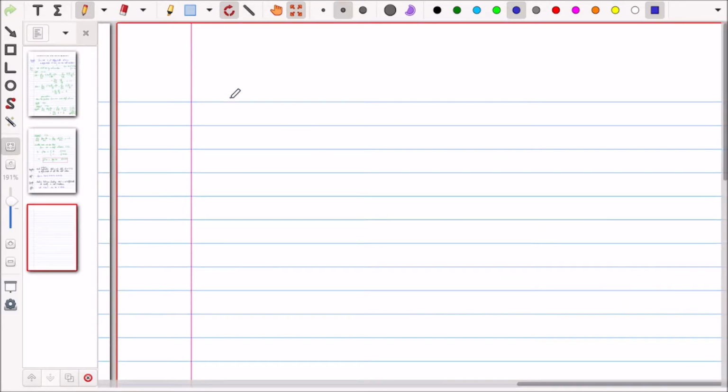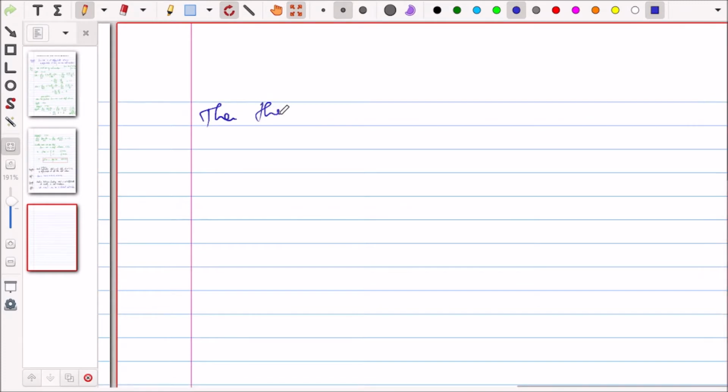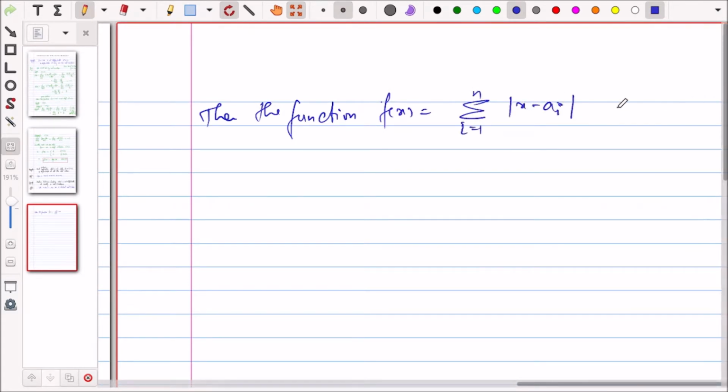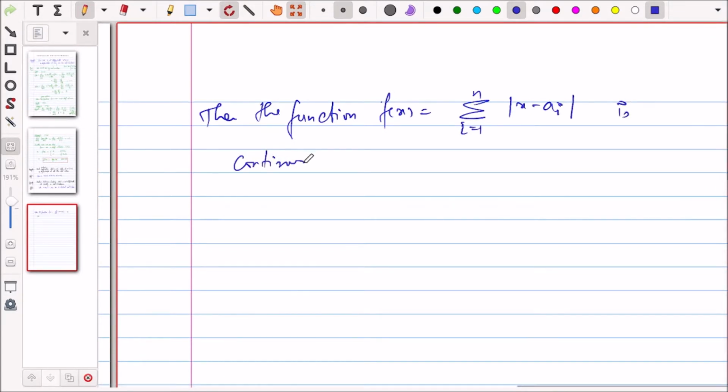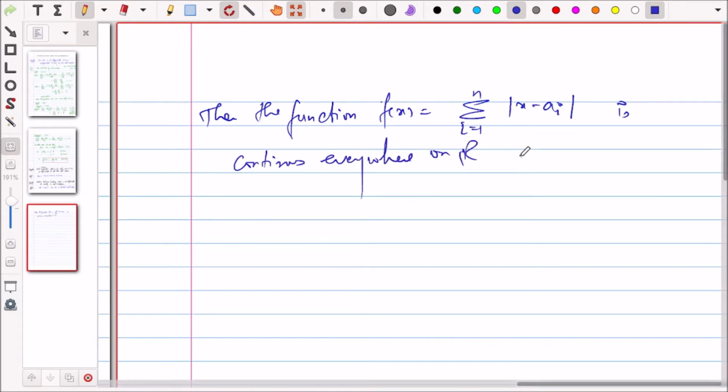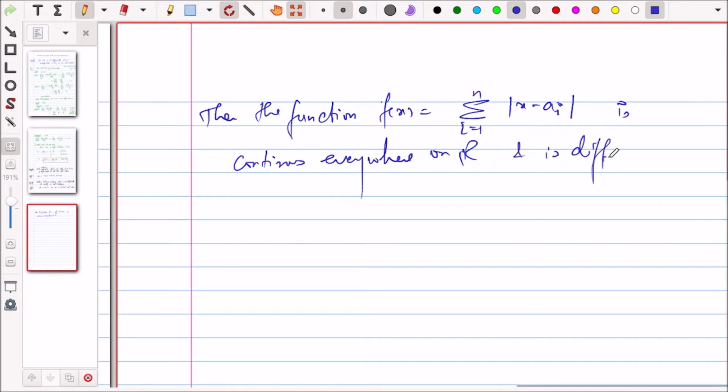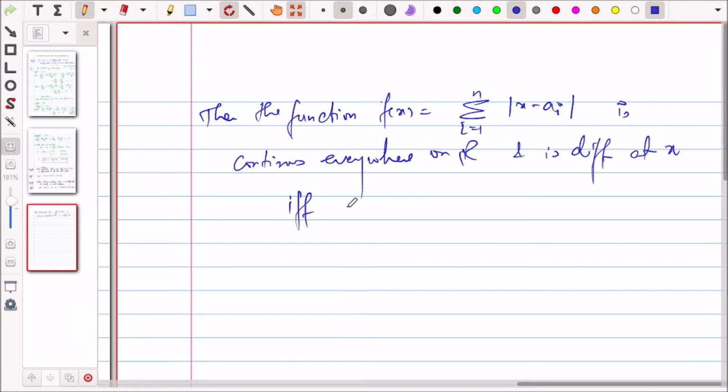Then the function f(x) equal to summation i equal to 1 to n of mod x minus ai is continuous everywhere on R and is differentiable at x if and only if x is not equal to a1, a2, ..., an, right?